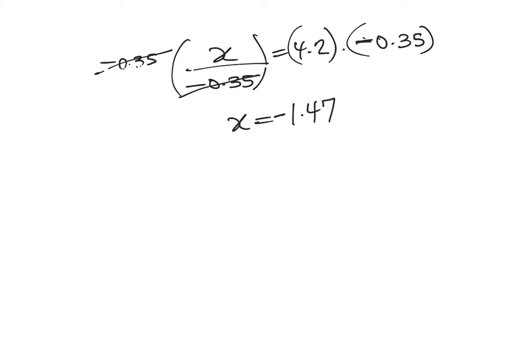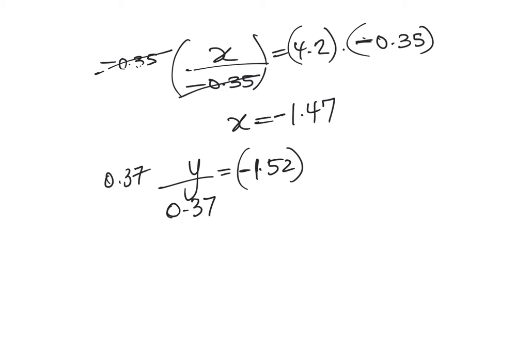I should have used the other one they gave you, which is y over 0.37 is equal to negative 1.52. So you multiply both sides, right? This is a negative. Let's write this out clearly. Negative 1.52. So you multiply 0.37 on both sides, and that will get rid of it there.